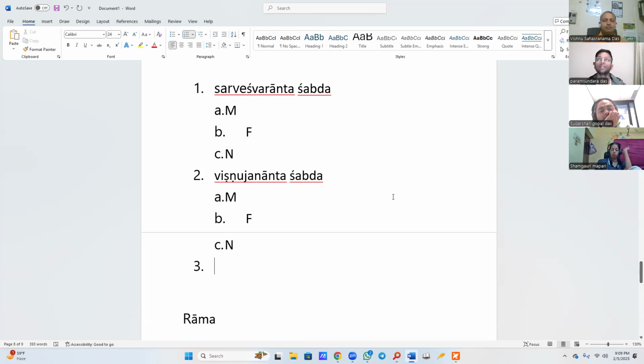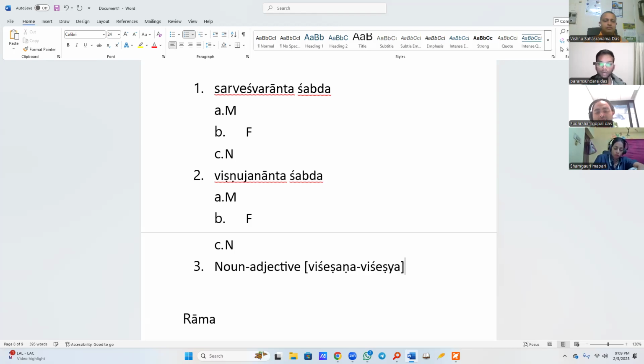Then there will be a small section of 7 sutras mentioning the relationship between noun and adjectives. Actually, in Sanskrit, this noun and adjective relationship is very important. Noun and adjective in Sanskrit are called Visheshana and Visheshya.